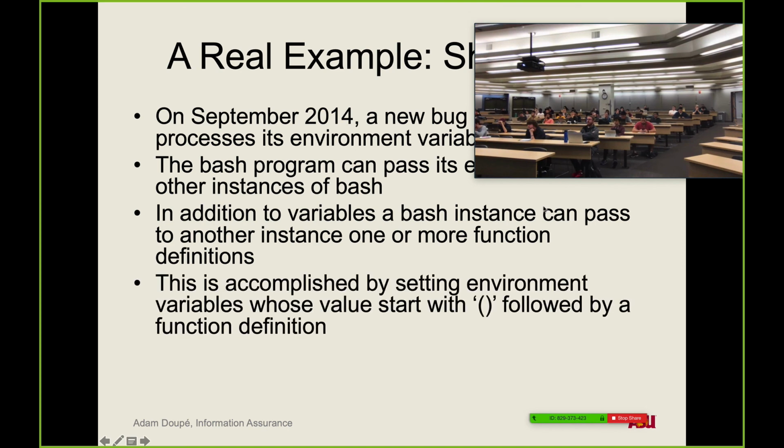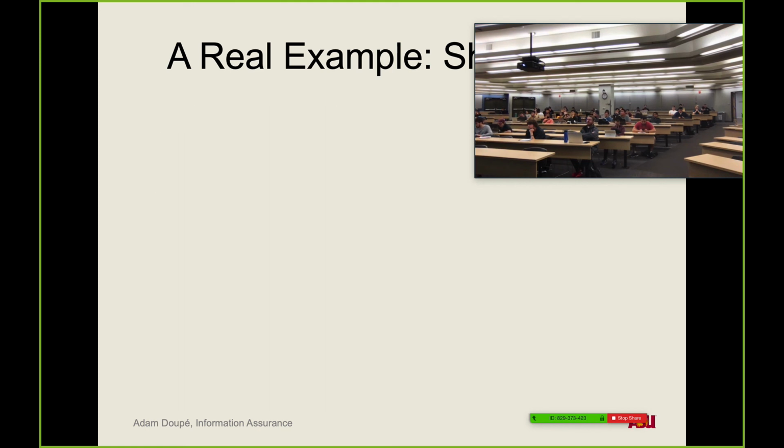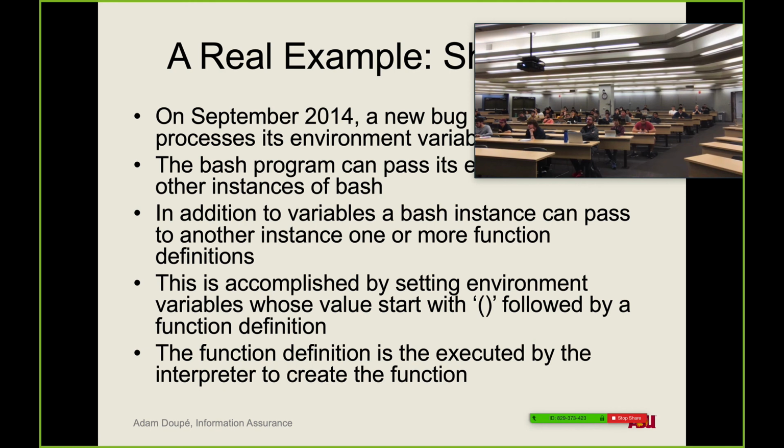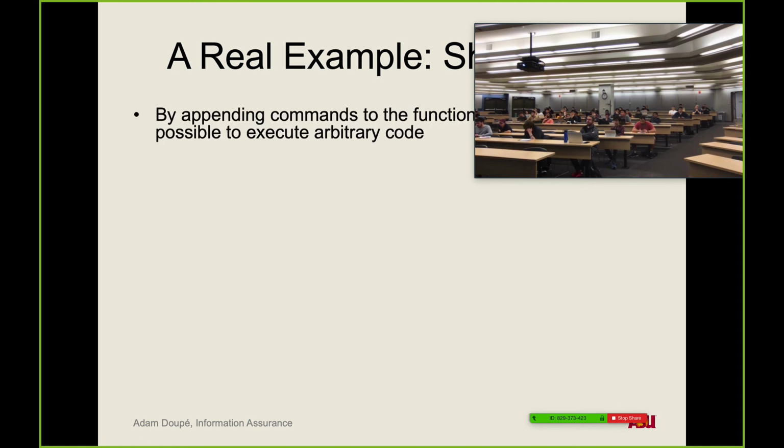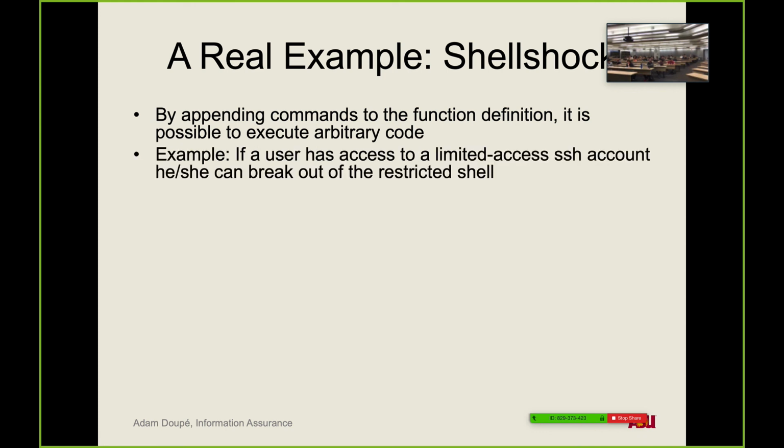And it turned out that if you set an environment variable with a value starting with parentheses followed by a function definition, Bash would essentially interpret that and evaluate it as code. And it was executed by Bash. So this seems like a weird behavior, but fine. I don't know what's really the security implication here. So it turns out that you can execute arbitrary code by appending commands to the function definition.